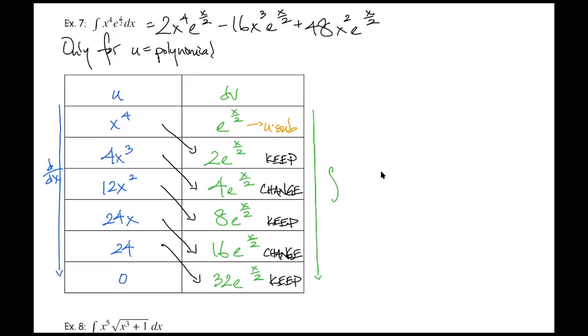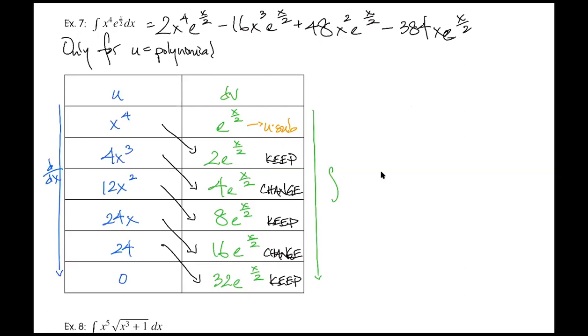And then the fourth pair is the 24x times the 16e to the x over 2, but that's going to be negative because I'm going to change the sign. 24 times 16 is 384x e to the x over 2.